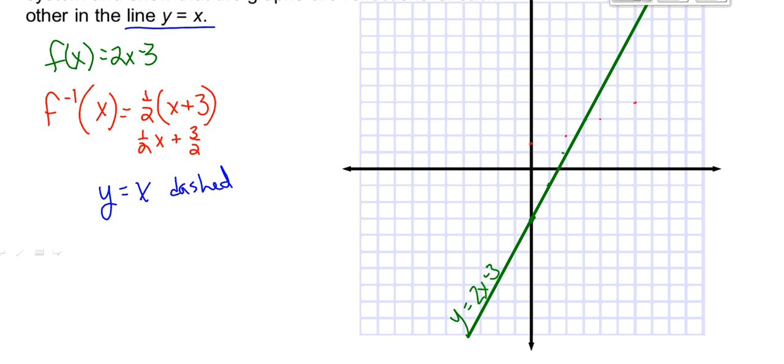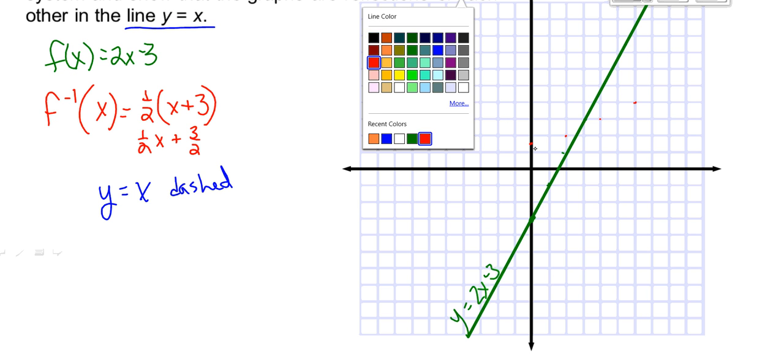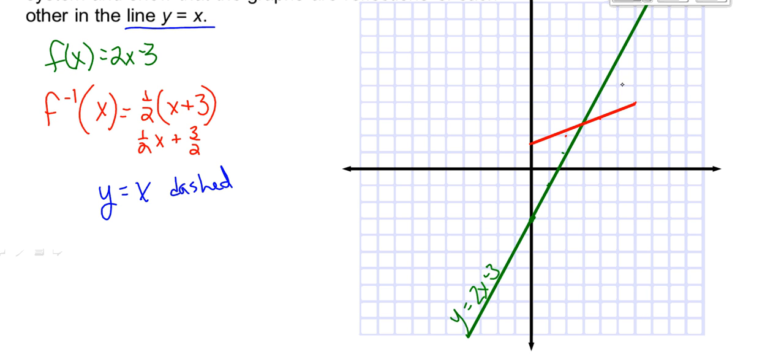So now let's get that line in there and make sure I'm as close as I can get to that. And so here's the line, y equals 1/2 parentheses x plus 3.